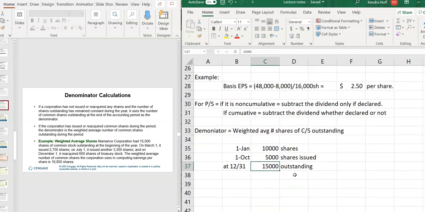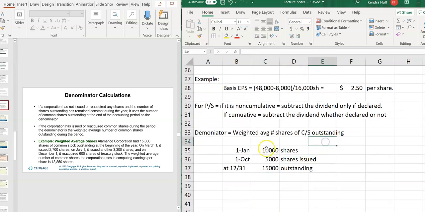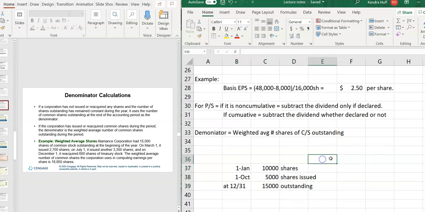So to do my weighted average, I'm going to multiply this by 12 over 12 because it was outstanding all year. So this is going to equal 10,000 times 1, basically. And then this one, I'm going to multiply by 3 over 12 for October, November, December.